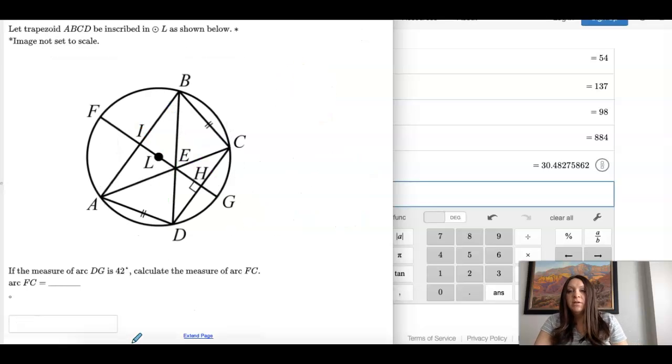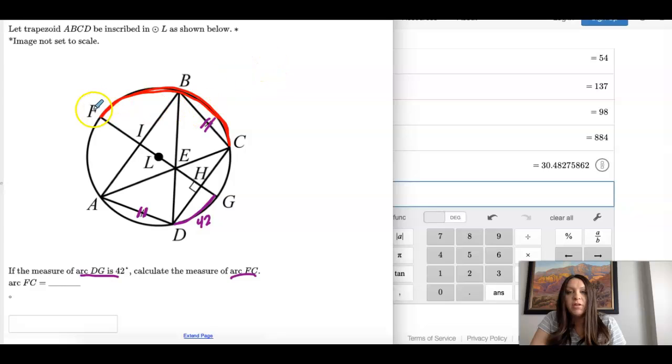Okay. So I'm doing a lot of examples on these because I know there's a lot of different types of problems. So again, we have an isosceles trapezoid. So those are equal, that makes it isosceles. We're given arc DG. It's 42. And we want to calculate arc FC. Oh, we've already done one just like this, so I'm going to go pretty quick.